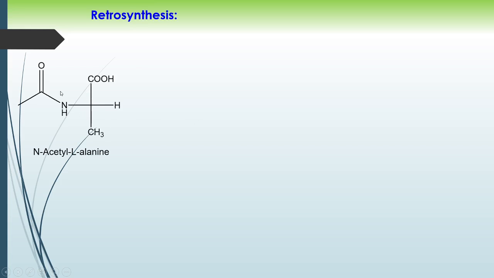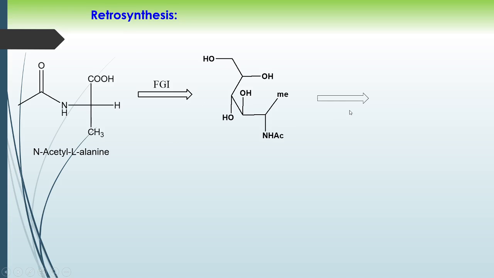Here we have our target molecule N-acetyl L-alanine. This is the disconnection arrow, and over it we write the functional group interconversion. So this can be converted into this. Then again, this NHAc is deprotected, the Ac is converted into NH2, and here there is an aldehydic group.